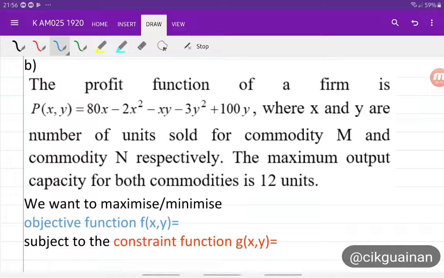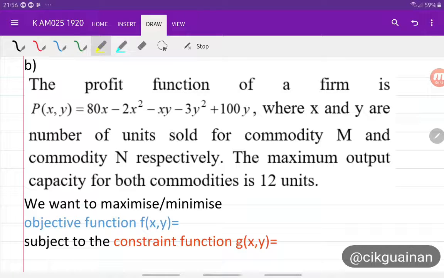Now, there are no two equations in this one. So we need to find the objective first. It's easier for us to find the objective first rather than the constraint, because you might be confused. As I said, the objective is the one that we want to maximize or minimize.